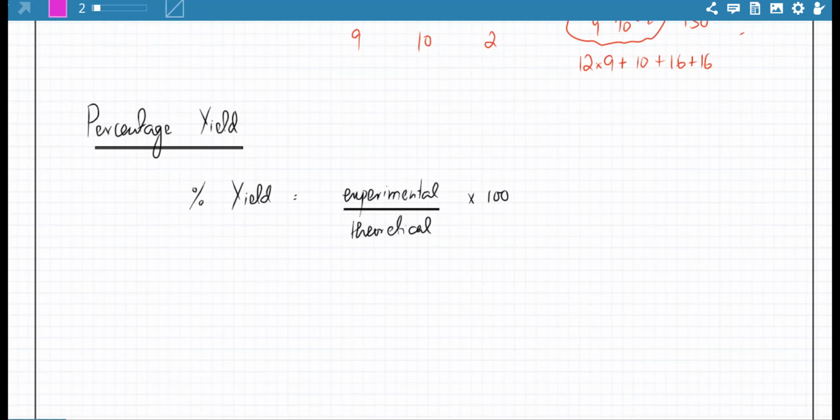So anyways, what's theoretical? Theoretical is all that you have done so far. It's the calculations that you do on your calculator. So think of your calculations on paper. That's basically theoretical. Experimental is obviously what's actually going to happen.